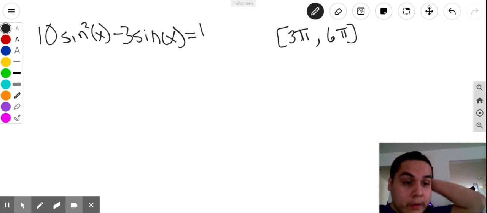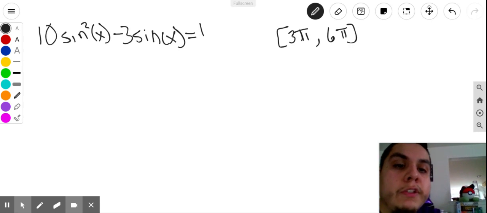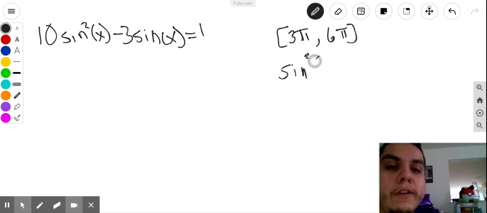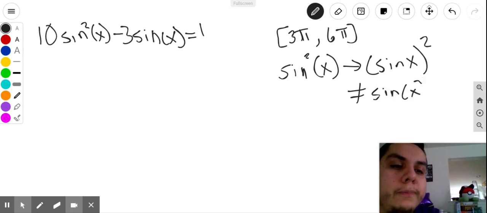All right. So here's a note that you should keep track of. Whenever you see something like sine squared of x, that reads as sine of x, squared. It does not mean sine of an x squared.